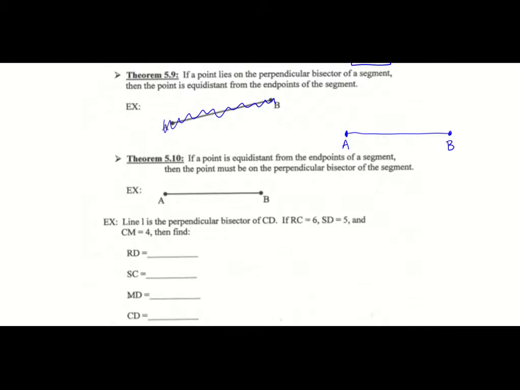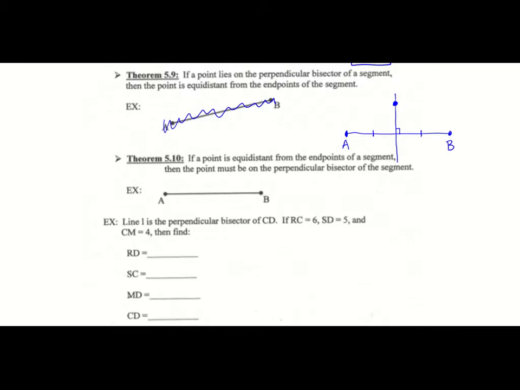and this theorem is saying that if a point lies on the perpendicular bisector of a segment, so if we have a perpendicular bisector, the definition of that is that it is 90 degrees and it divides our segment into 2 equal parts. Bisector means it divides into 2 equal parts. So if we have a point that lies on that perpendicular bisector, like up here, it is always going to be equidistant from the endpoints of our segment.